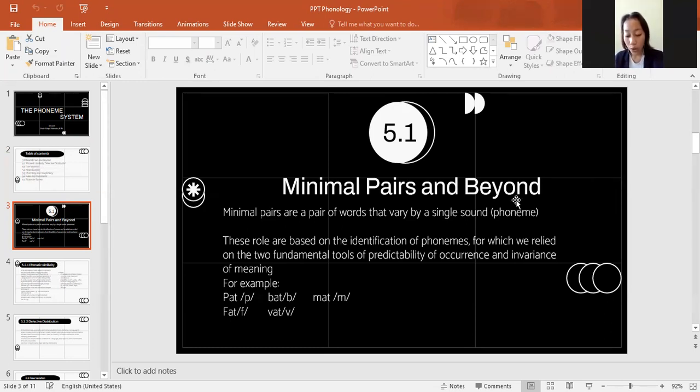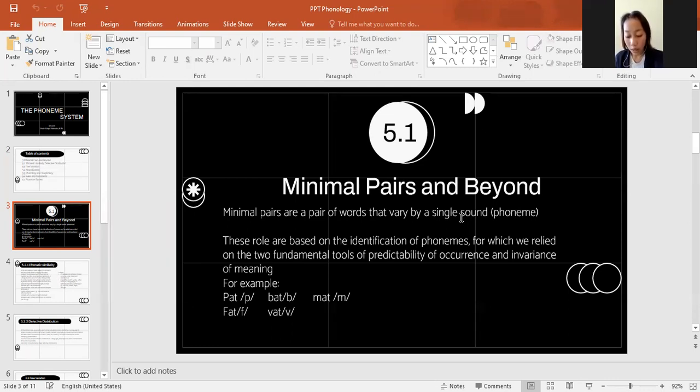If two sounds occur in non-overlapping, predictable sets of contexts, and if substituting one for the other does not make a semantic difference, then those two sounds must necessarily be allophones of a single phoneme.